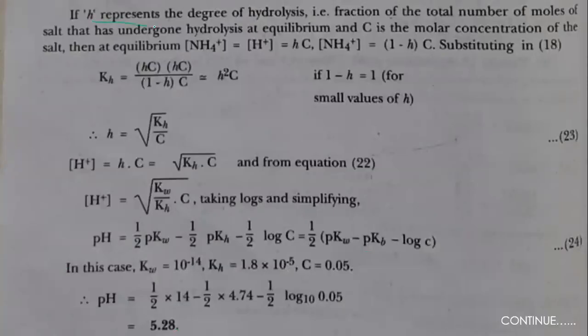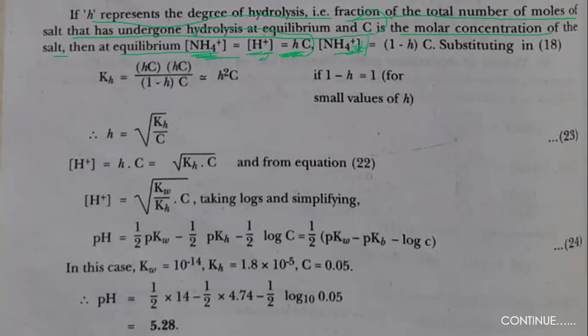So if h represents the degree of hydrolysis, that is the fraction of the total number of moles of salt that has undergone hydrolysis at equilibrium, and C is the molar concentration of the salt, then at equilibrium NH4OH will become equal to H plus, that is equal to h into C. So NH4 plus is equal to, see, here it is, into C. Okay, so this is NH4OH.